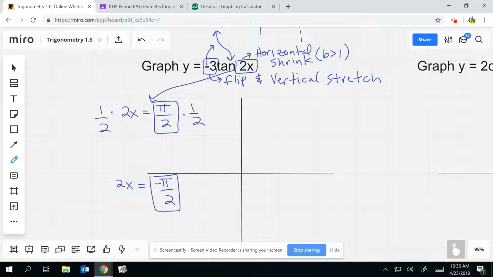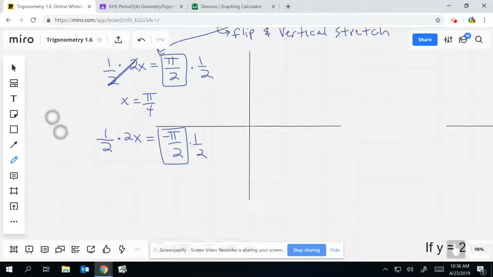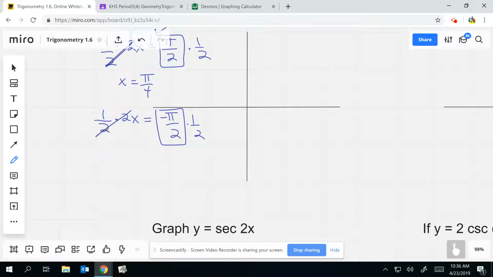You see what that does is it cancels out the 2's, doesn't it? So now you have x by itself. And when you multiply across, you get pi/4. And then if you multiply this one by 1/2, you're going to get -pi/4.